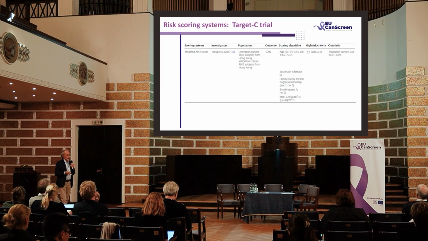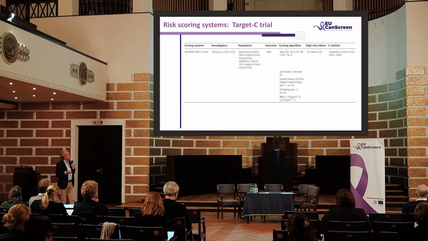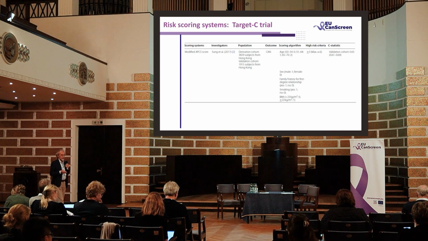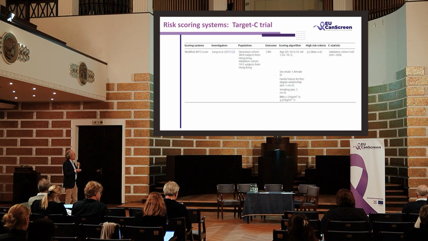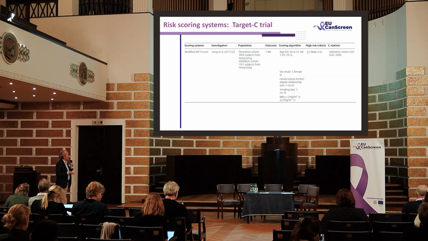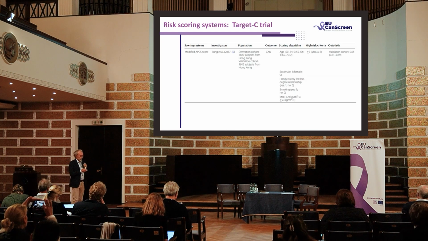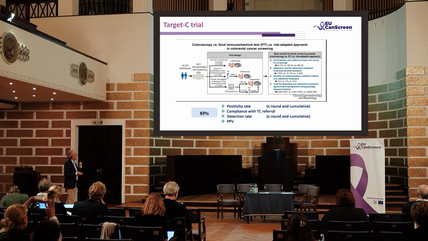Risk was stratified using a validated risk score, also validated in the population in China, the target population of the trial, with a moderate predictive ability. The risk score combines age, sex, family history, smoking, and BMI. So not much information, but some key variables.